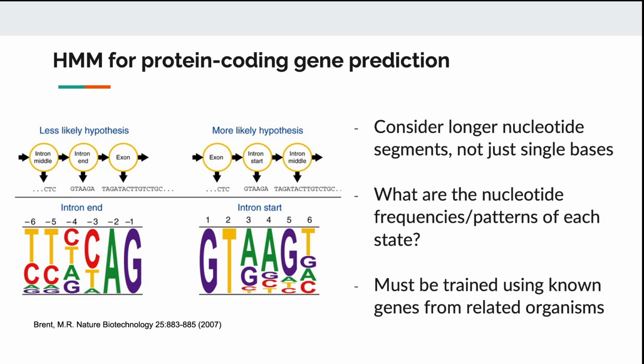Because it has to fit all the exon positions. The length must be correct, like divisible by 3. The intron start and intron end have a particular pattern. So these together constrain the solution from the hidden Markov model toward the correct answer.